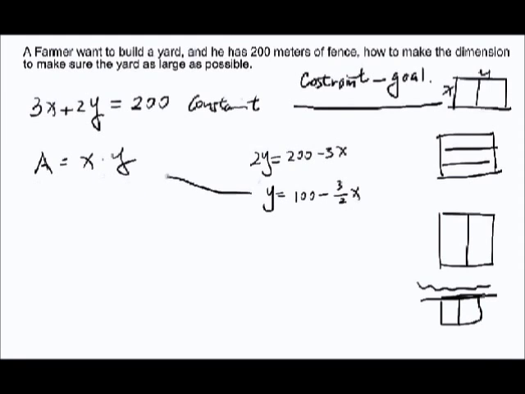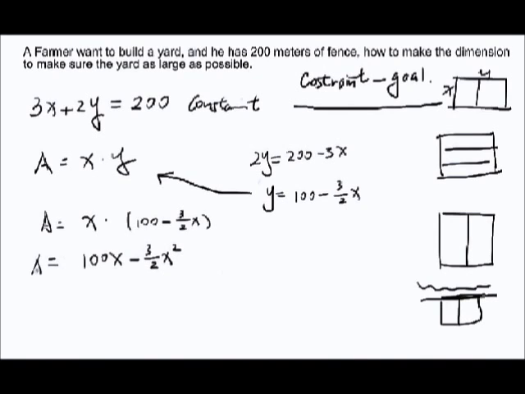We're going to substitute y in this place. A equals x times y, and y is 100 minus 3 over 2 x. Now let's multiply it out: 100x minus 3 over 2 x squared.